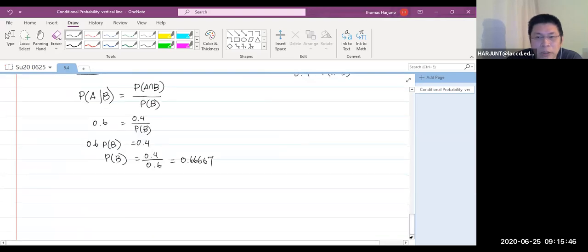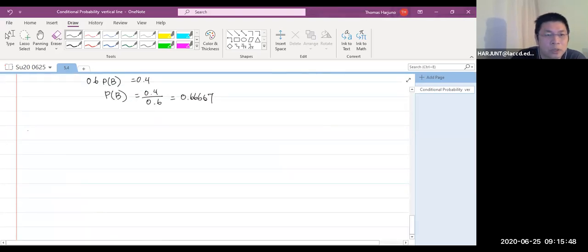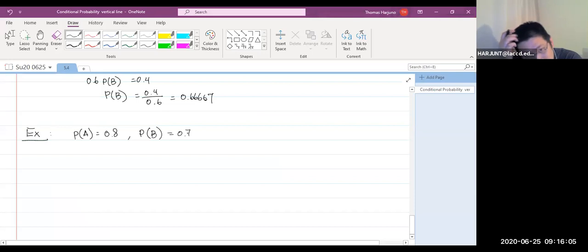Okay, now let me ask you to do this one then. Another example: probability of A is, let's say, 0.8. Probability of B is 0.7. And probability of B given A is 0.6.